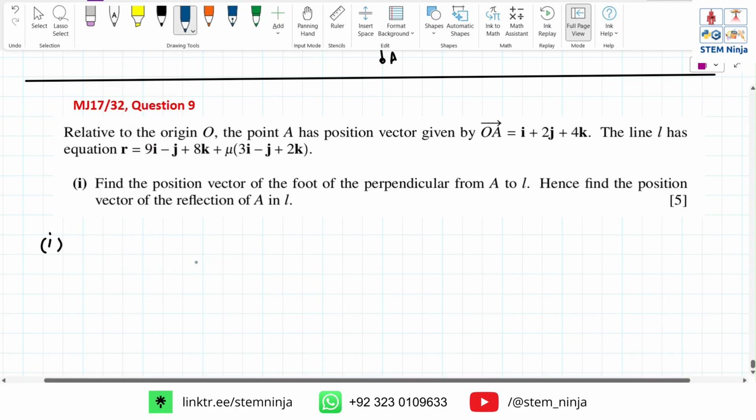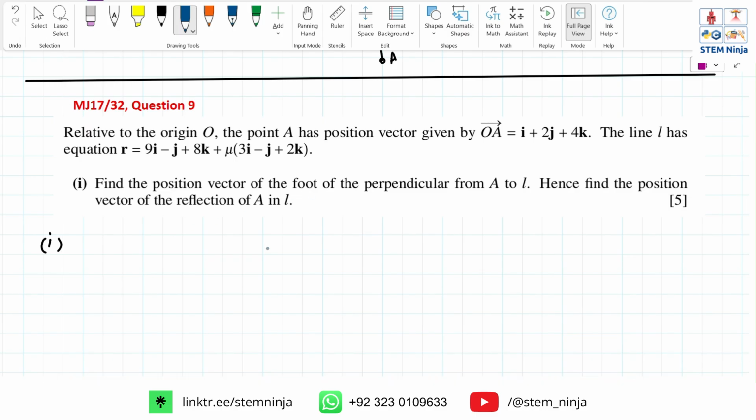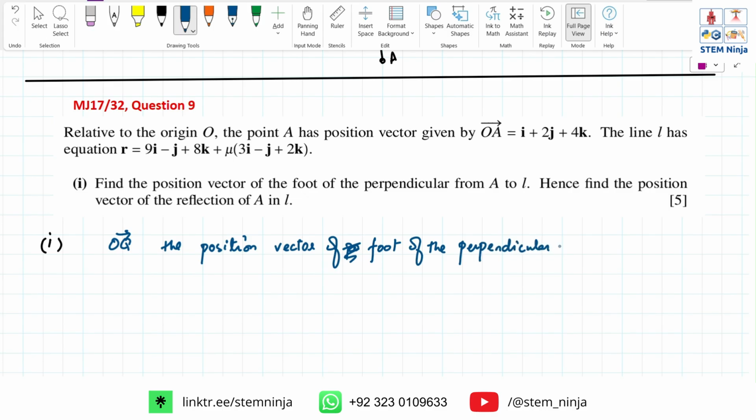So let's call OQ the position vector of the foot of the perpendicular from A to L, sorry, my bad.